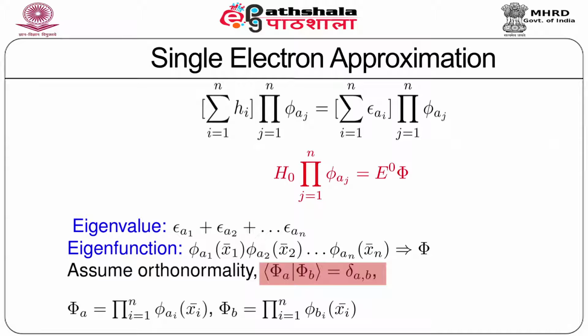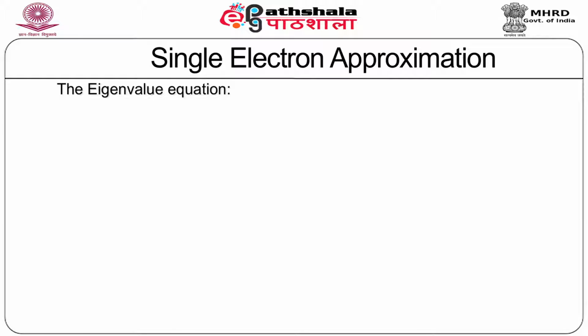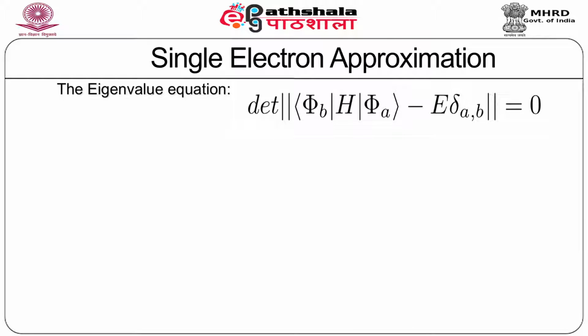Assuming that there is orthonormality between these single electron wave functions, it is easy to show that the capital Phi's also satisfy the orthonormality condition. The eigenvalue equation within the single electron approximation is thus given by the determinantal form, which is shown here.